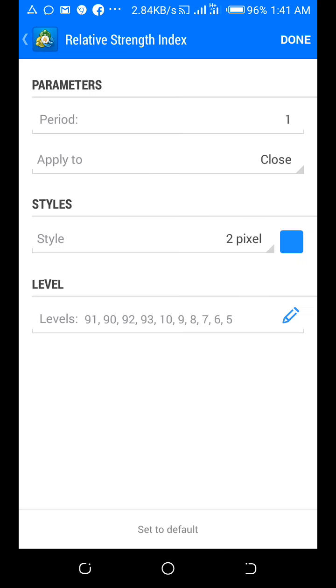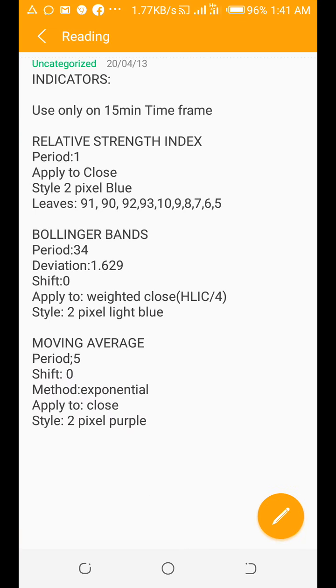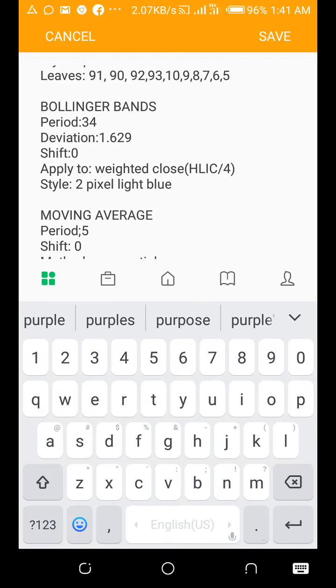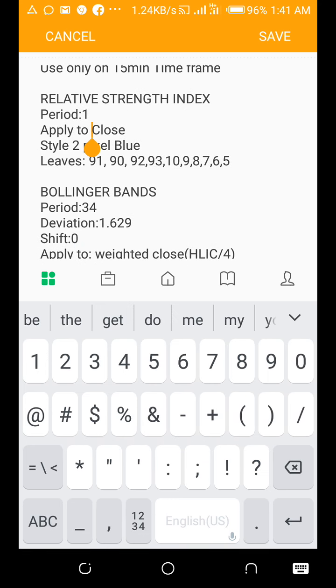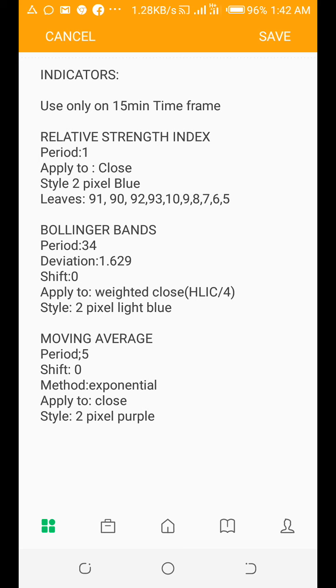After getting the RSI here, you can see the setup. Period 1, and apply to is going to be close. Style is 2 pixel blue.